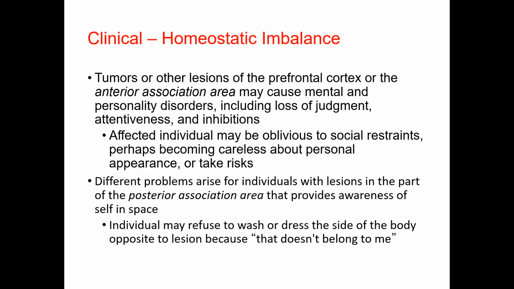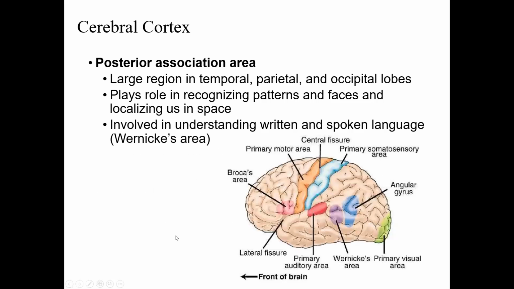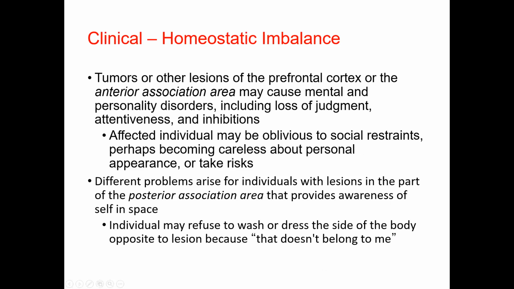A tumor in that area may cause an individual to not even recognize part of their body, or to not acknowledge part of their body because they don't see it as belonging to them. So different areas can have different complications depending on what kind of lesion we're talking about. So, okay, that was the prefrontal area.